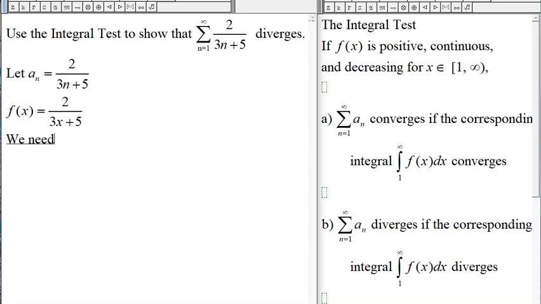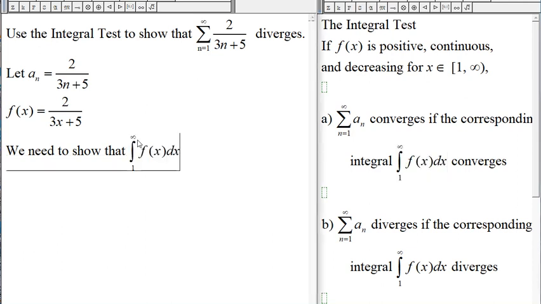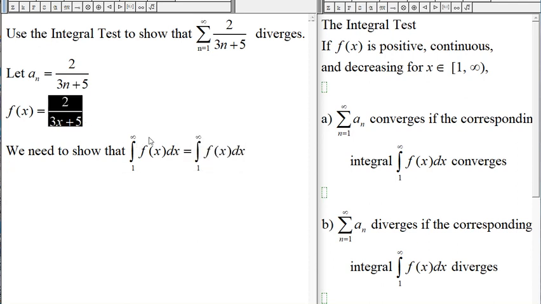So we need to show that the integral right here, which is equal to this, diverges.